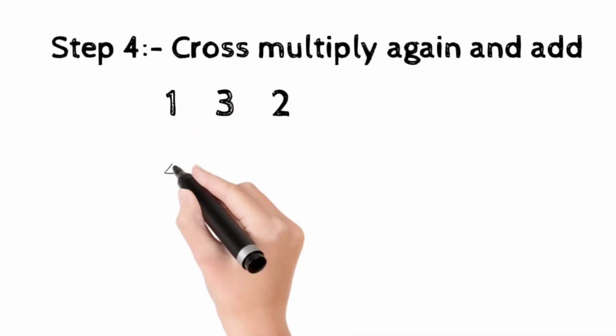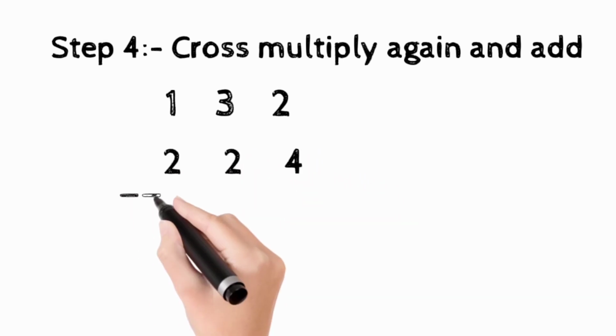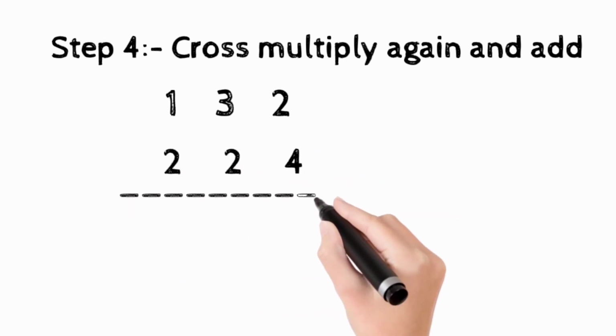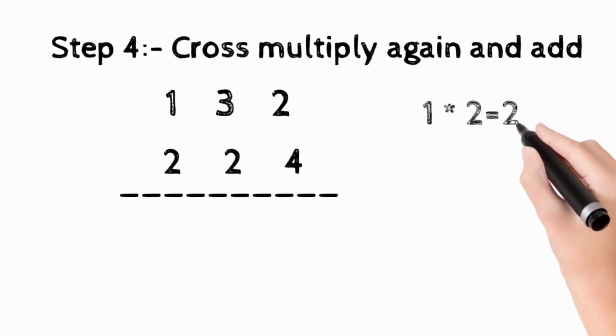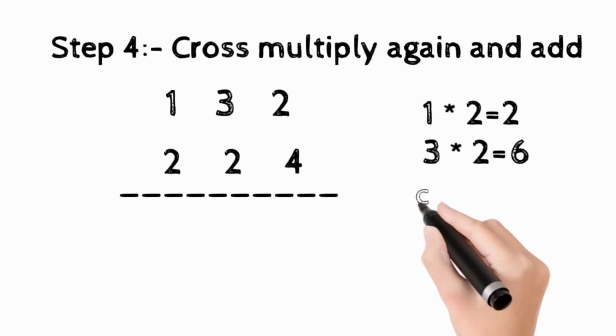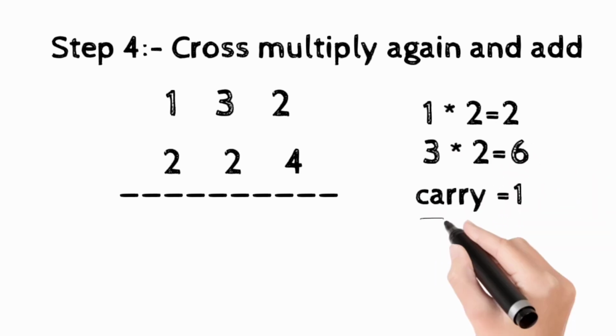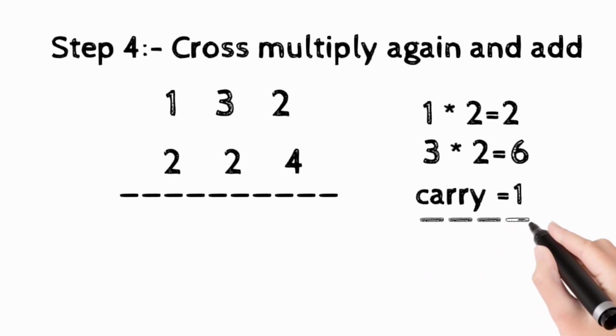How will we do cross multiplication? What is left? That is hundreds place and tens place. So now the cross multiplication of hundreds place with tens place, that is 1 into 2 is 2, 3 into 2 is 6 and carry. Your carry is 1, add all. What will come? 6 plus 2 is 8 plus 1 is 9.